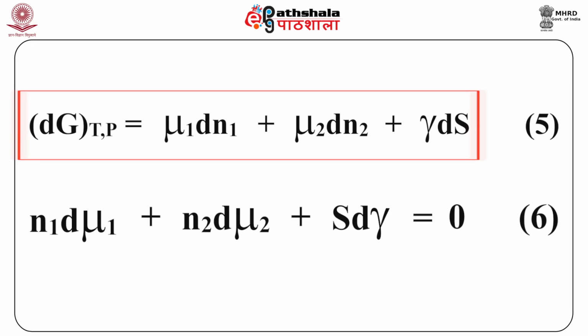Under conditions of constant temperature and pressure, we have dG at constant T and P equals mu1 dN1 plus mu2 dN2 plus gamma dS as our equation 5.